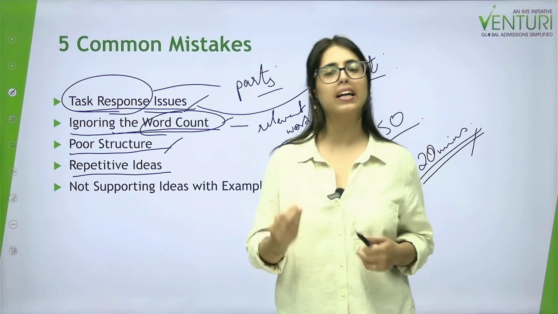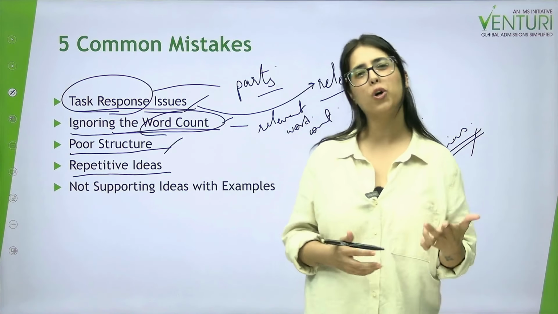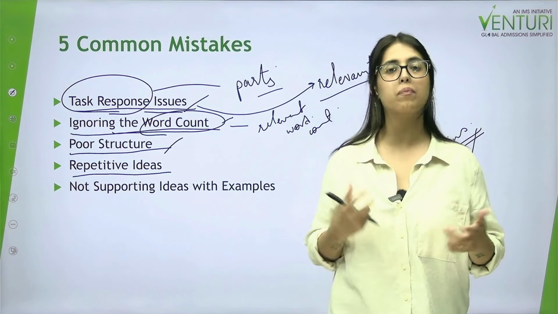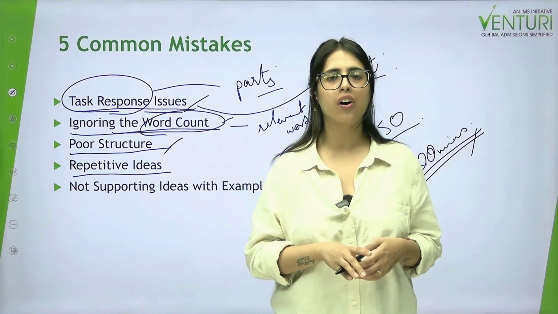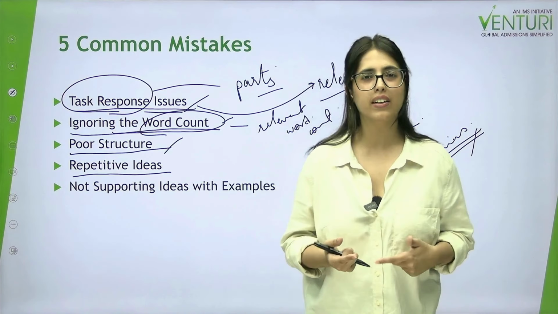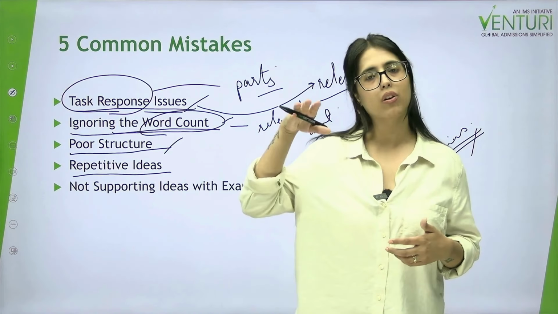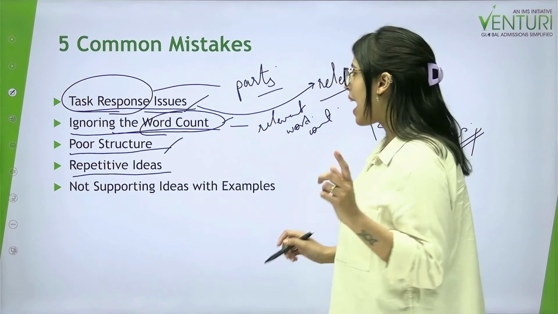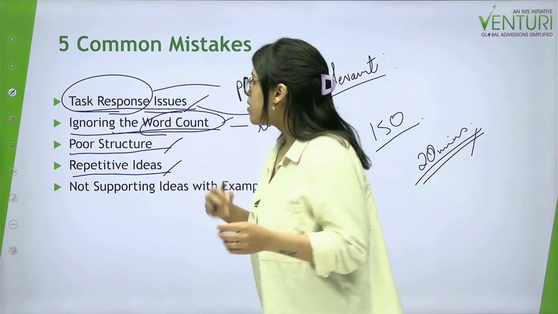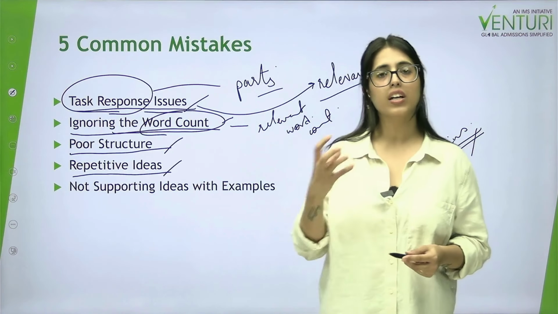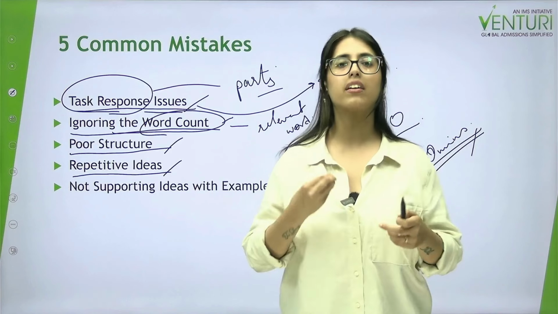So if you repeat the ideas again and again, if you do not talk about new things, and if you are not aiming to add variety to your answer, it is also going to reflect in your band score, and it's going to make it go low. So try to avoid this also. Make sure that whatever you are writing is something new, okay?